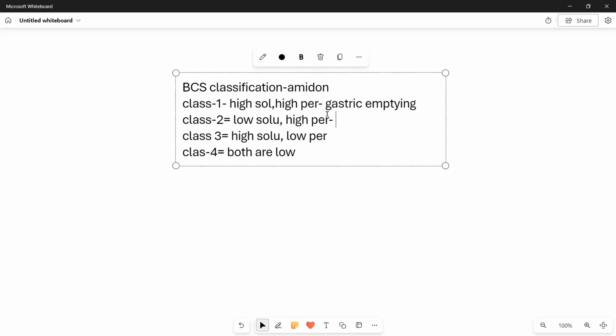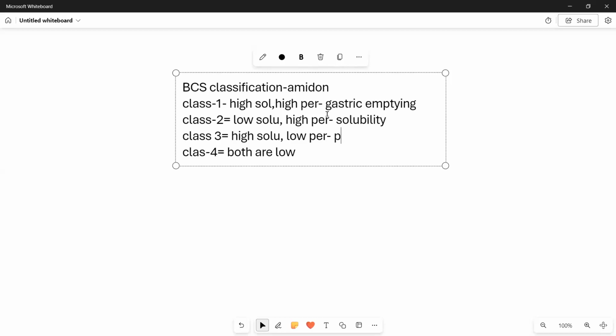For class 2 drugs, what will be the rate limiting step? Dissolution or solubility, both. Well, let us say solubility. For class 3, the rate determining step is permeability.